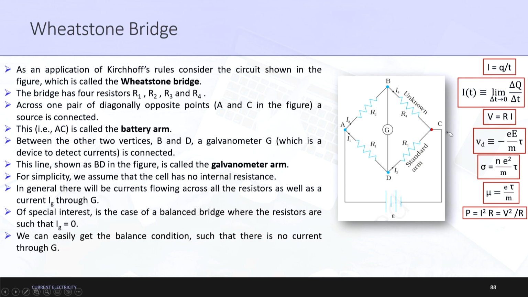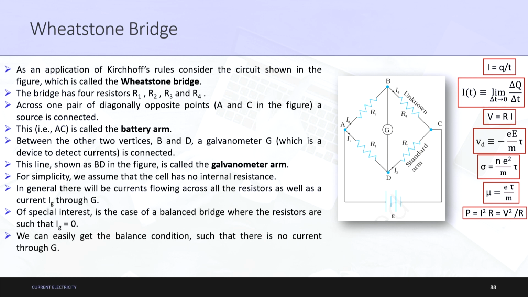Then as you can see, a galvanometer has been put here between the portions B and D. What is a galvanometer? A galvanometer just shows whether a current is passing through it or not. It is an arrow kind of thing, it deflects from its original position if there is a current passing through it. Then these 4 are resistors, and the basic use of these resistors will be dealt with when we go on with the further discussions of the Wheatstone bridge. Let us move on with the Wheatstone bridge now.